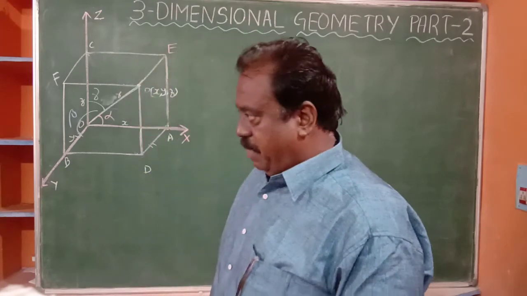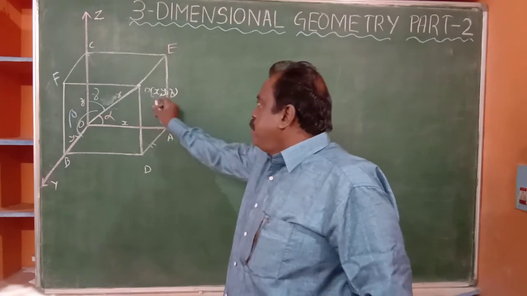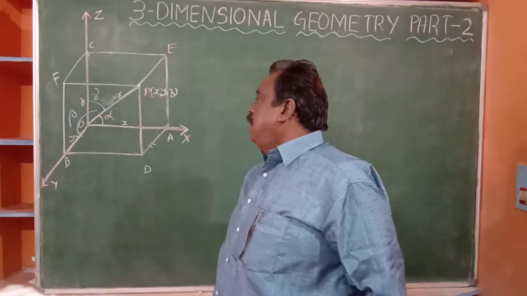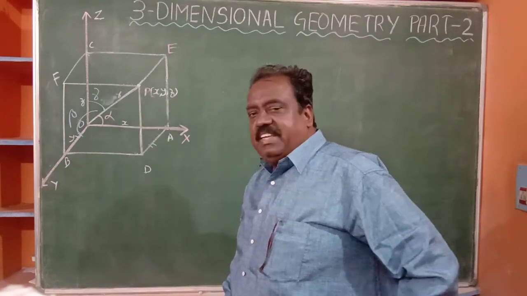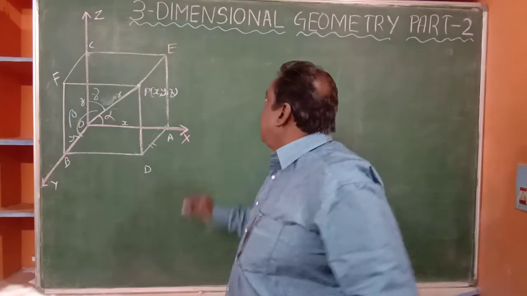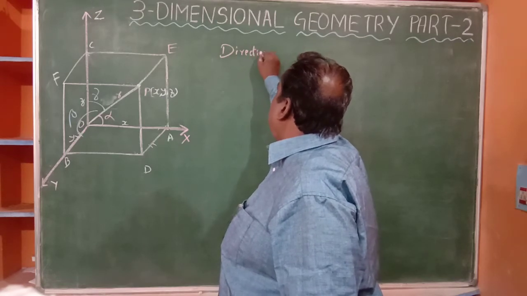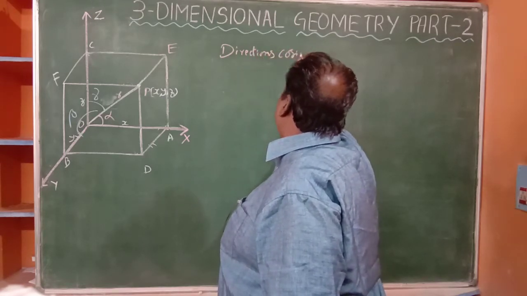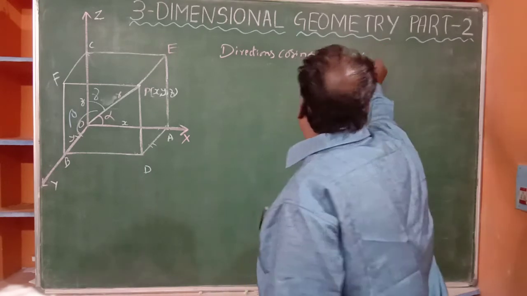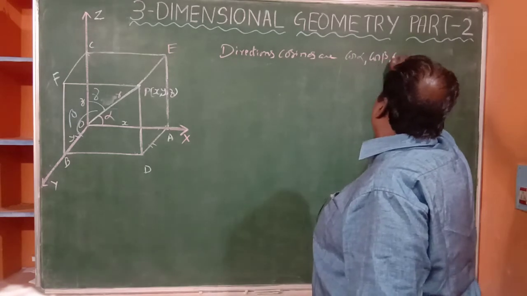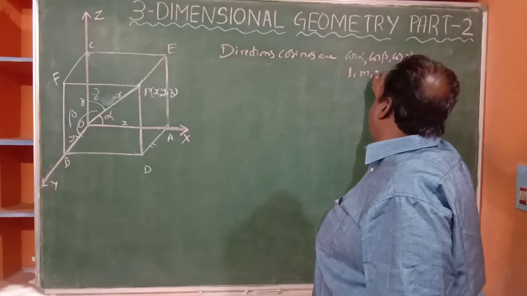Direction cosines, once again, with the same diagram: P is a point in space such that OP makes angles alpha, beta, gamma with the x, y, z axes. Then cos alpha, cos beta, cos gamma are the direction cosines, which are simply l, m, n.